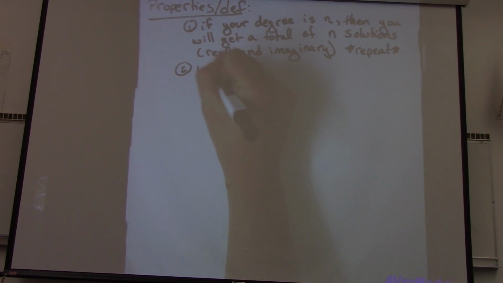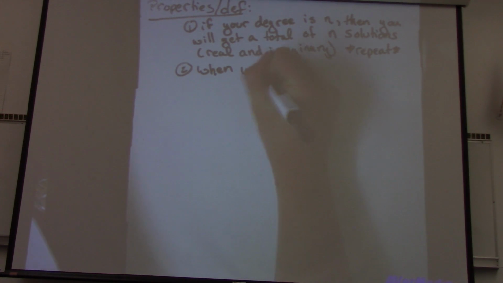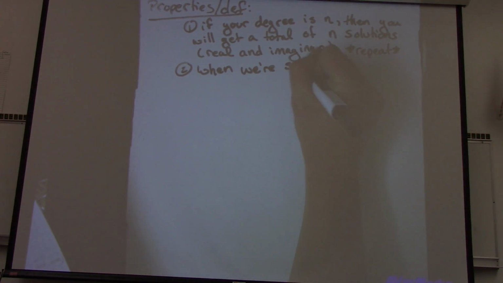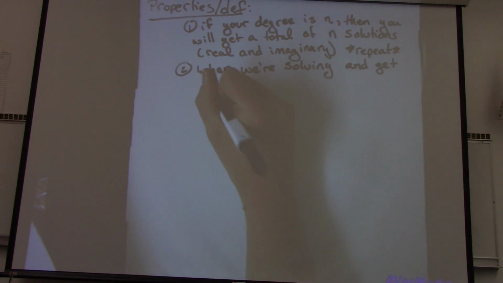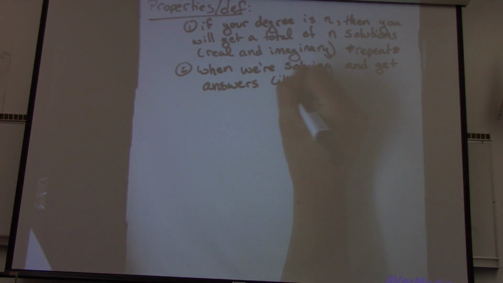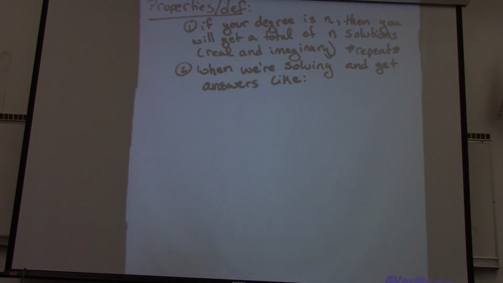All right, so then we have another property that heads into our next definition. And that is that when we are solving and we get answers like the following, where we have something like (x + 4)(x + 5) squared. So a lot of your homework that we just turned in, you had a lot of squares there.